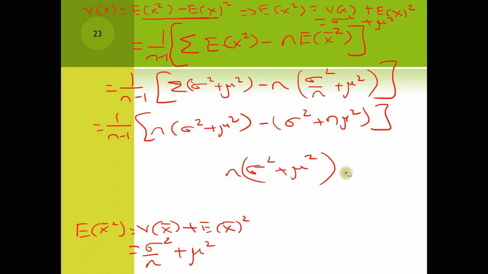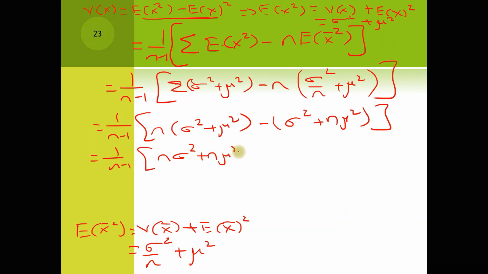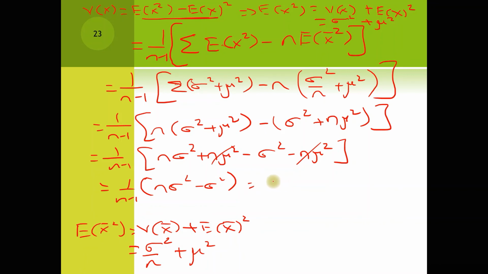Here we go. So we can just simplify this further. It becomes n sigma squared plus n mu squared minus sigma squared minus n mu squared. And what do you get from that? You will see that these two cancel out, leaving you with n sigma squared minus sigma squared, which means what?